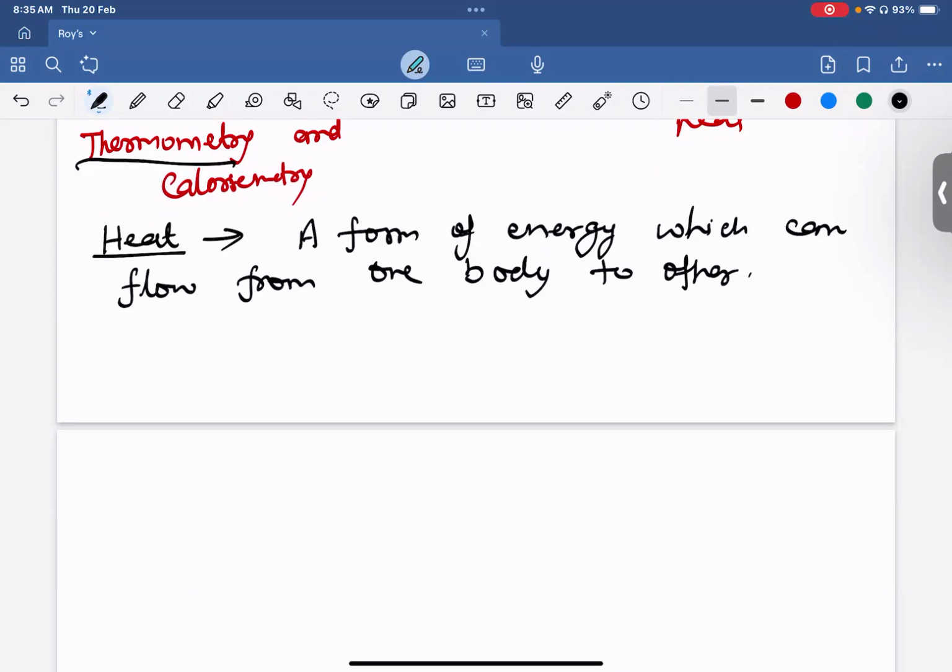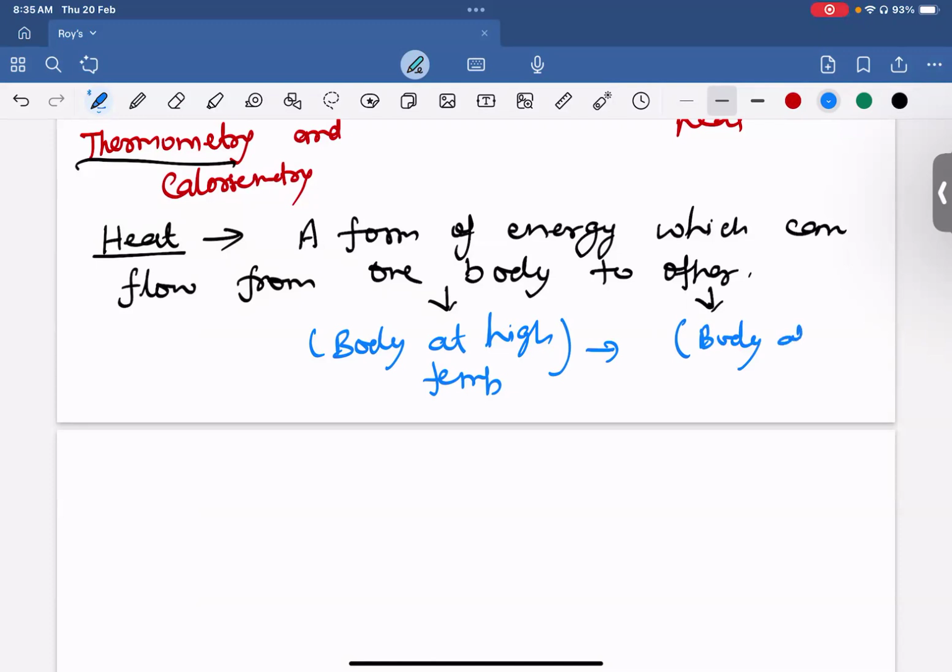How it will flow depends upon another factor that is called temperature. So heat flows from one body, that is the body at high temperature, to the other body, that is the body at low temperature.